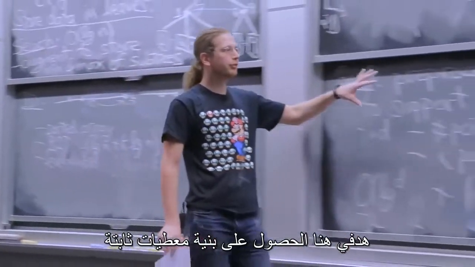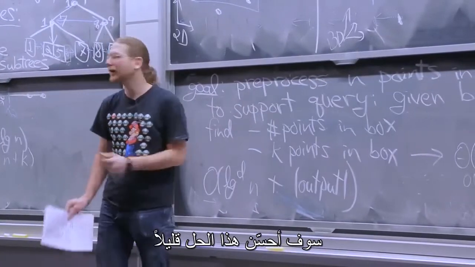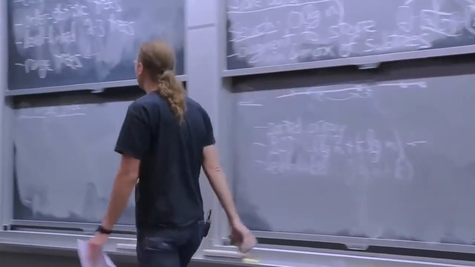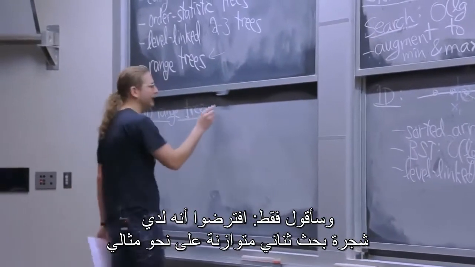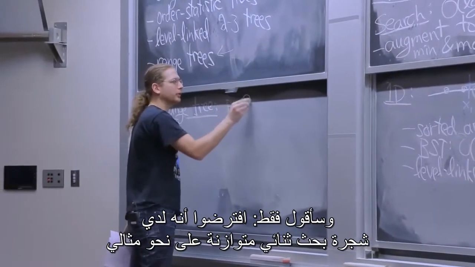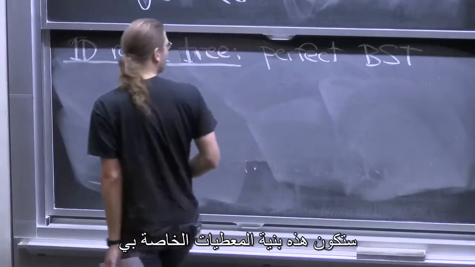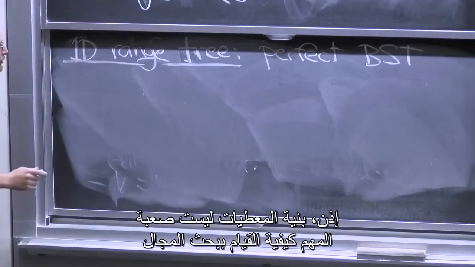My goal here is just to achieve a static data structure. I'm going to idealize this solution a little bit and just say, suppose I have a perfectly balanced binary search tree. That's going to be my data structure. Okay, so the data structure is not hard.